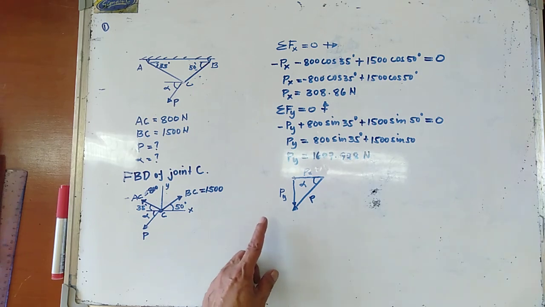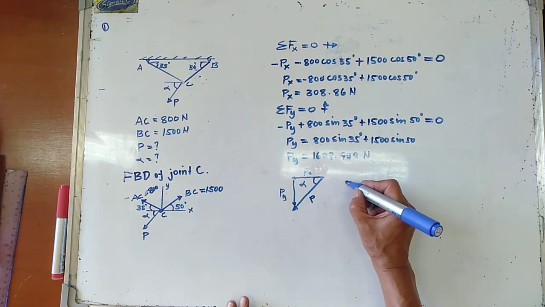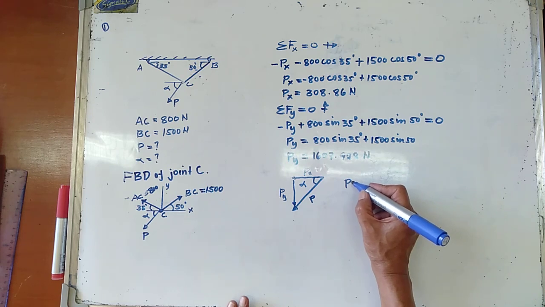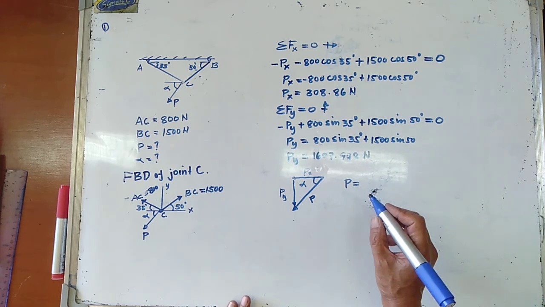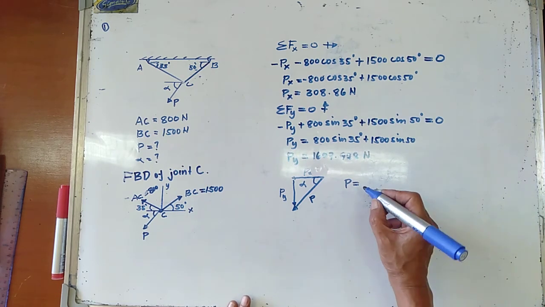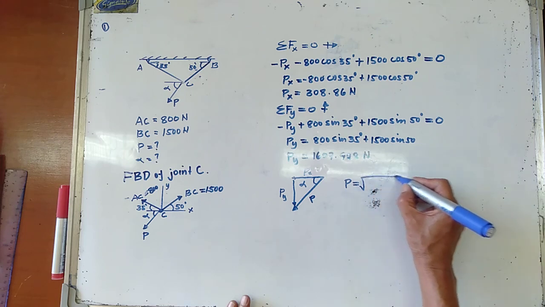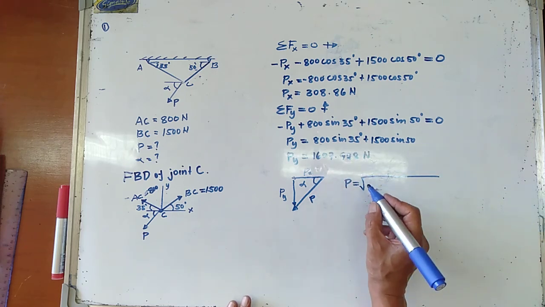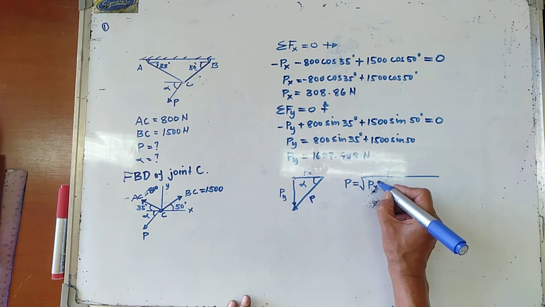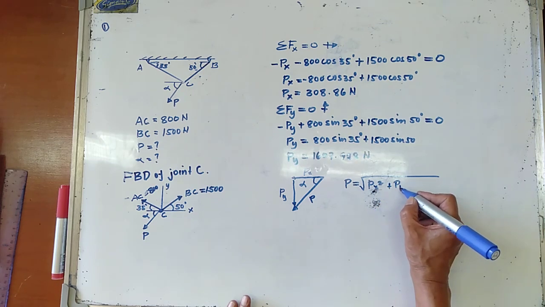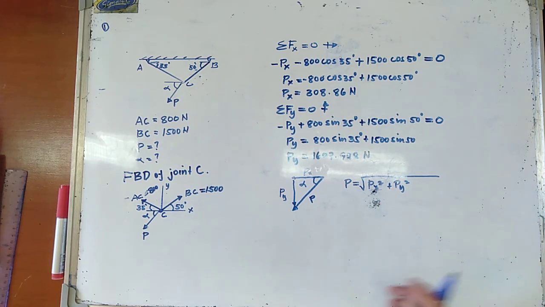So using the Pythagorean theorem, your P is equal to the square root of Px squared plus Py squared.